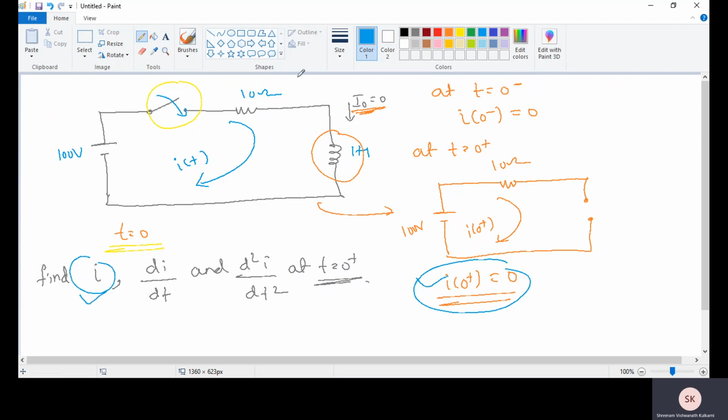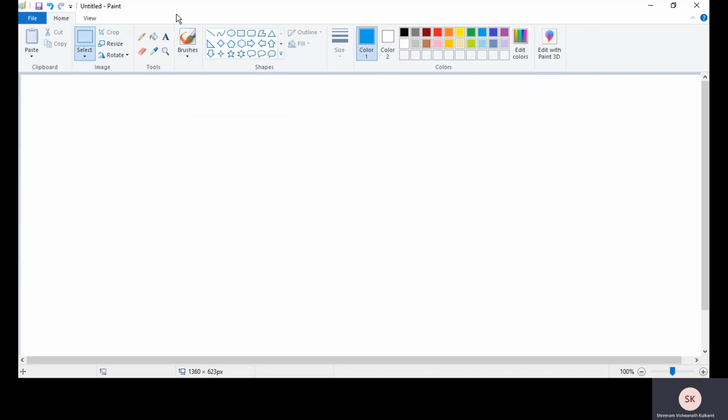Okay, and next what we need to do? Next, we need to draw a circuit at t greater than 0. One is t equal to 0 minus, next one is t equal to 0 plus, now t greater than 0.